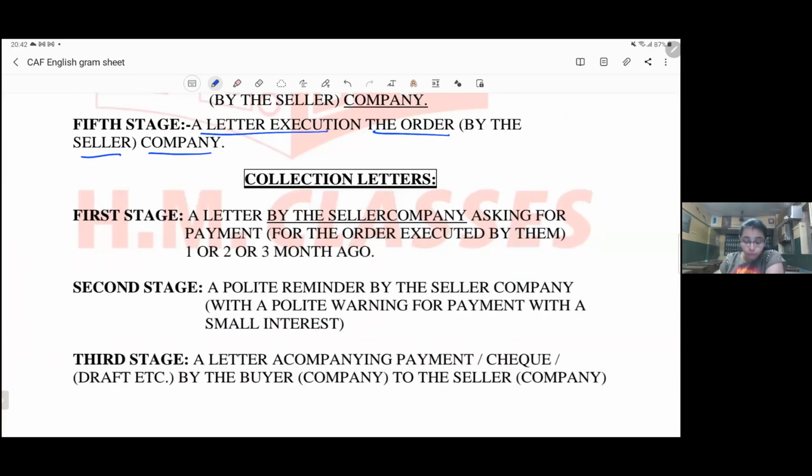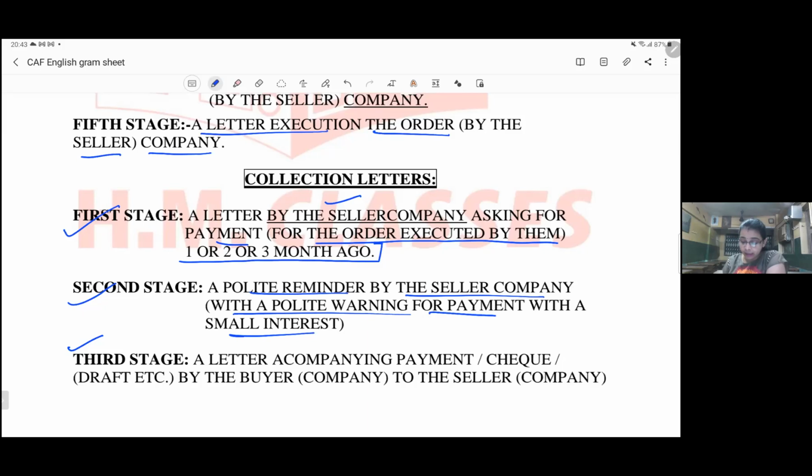We'll just go through this. In first stage, what you all are writing is a letter by the seller company asking for payment for the order executed by them 1, 2 or 3 months ago. Second stage, a polite reminder by the seller company with a polite warning for payment with a small interest. Politely talk, don't threaten.